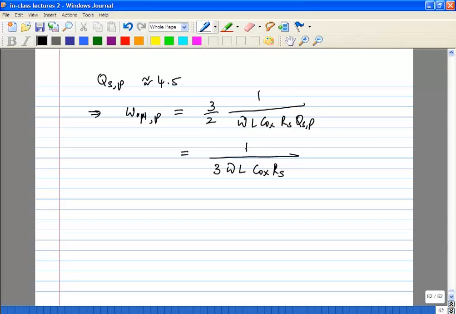It turns out that if you use a Qs of 4.5, you can get pretty good noise figures for a given power. And it happens to be fairly broadband with respect to a bunch of parameters, width and delta, gamma, omega and so on, as well as the power consumption. As long as the power consumption is low enough, there happens to be an optimum width.